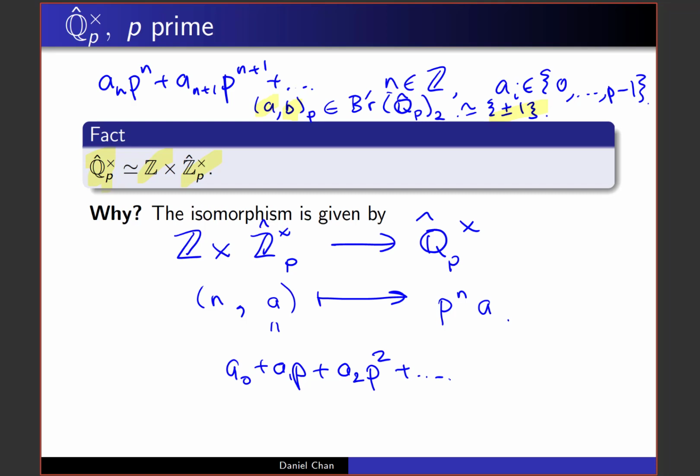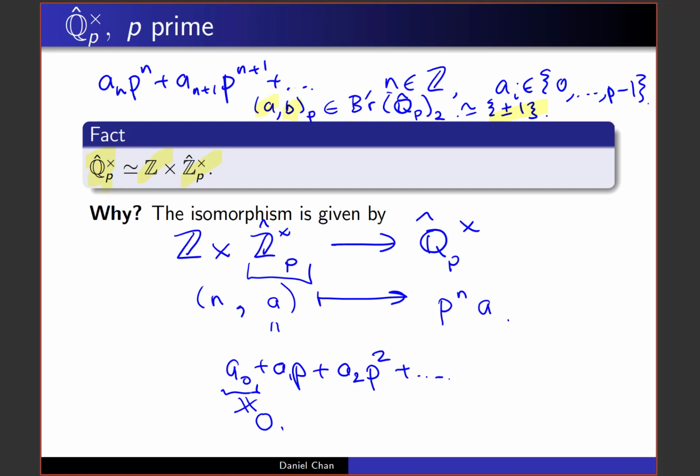It has to be invertible as a power series. And when can you invert a power series? Well, precisely when this first coefficient a0 does not equal 0. So the elements inside Z hat P cross are the power series where the constant term is non-zero.